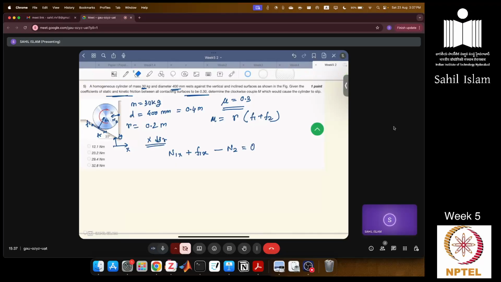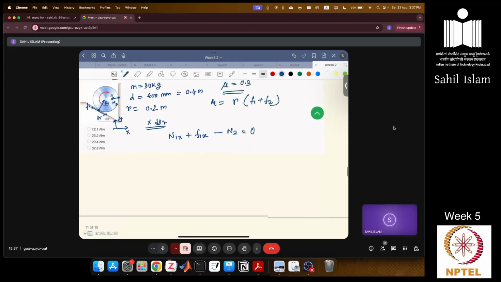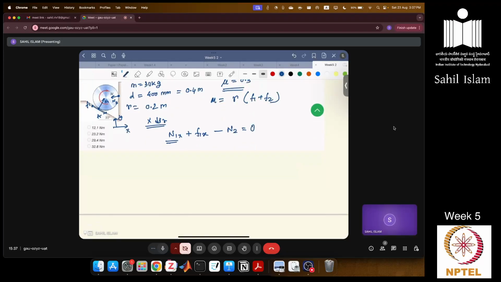Okay, so this is in x direction. From x direction we can write n1x is n1 sin theta, because this is theta, and this is 90 minus theta, so n1 sin theta. F1x is mu n1x.